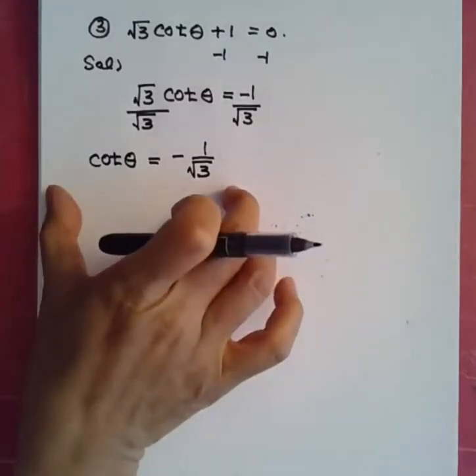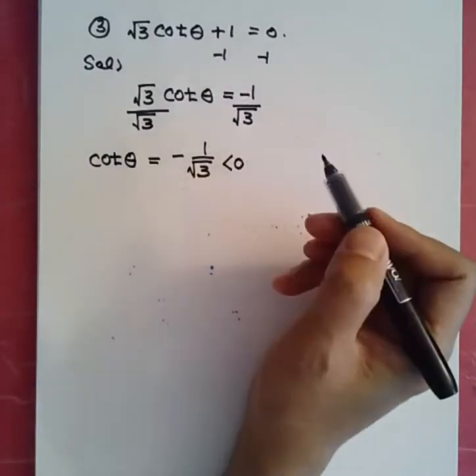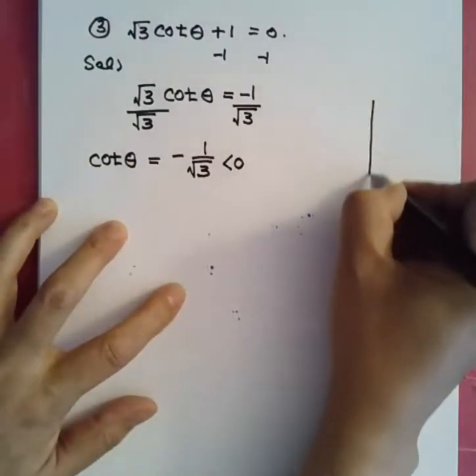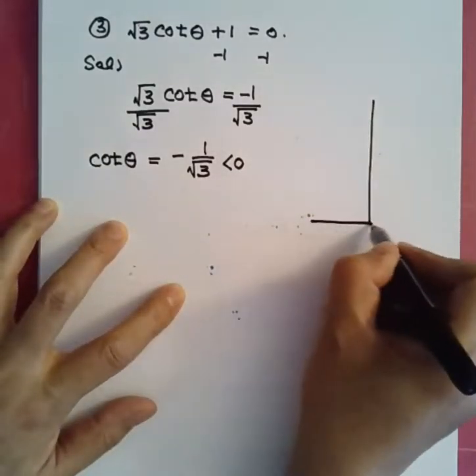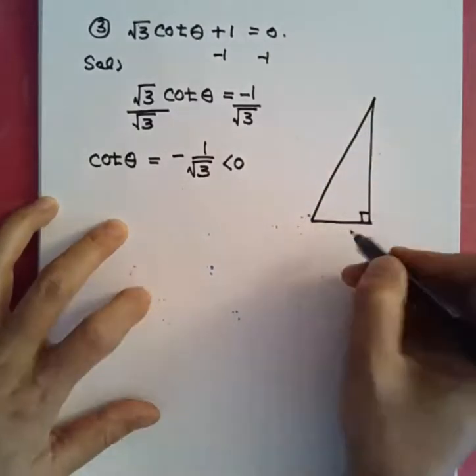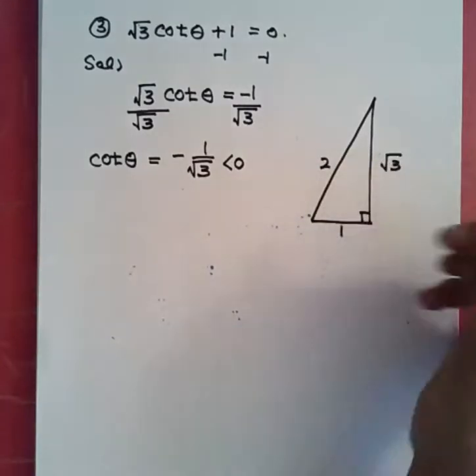From this information, we notice that cotangent is less than 0. And we have to identify the reference triangle. Reference triangle is obviously a 30, 60, 90 degree triangle.